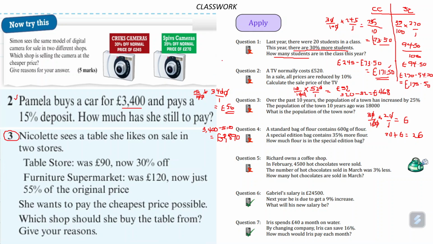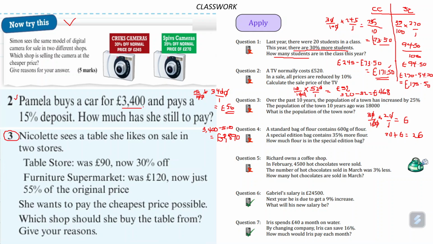So at this juncture, we've been able to do justice to this question here. We concluded that Simeon should buy his camera at Kron's Camera at the price of £171.50p, the reason being that this is the cheaper of the two.